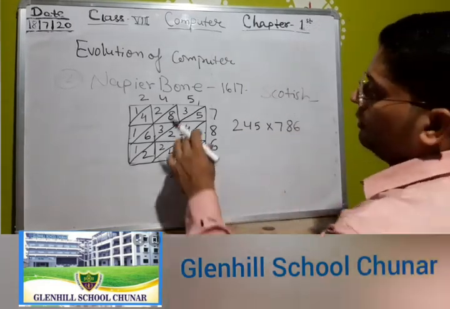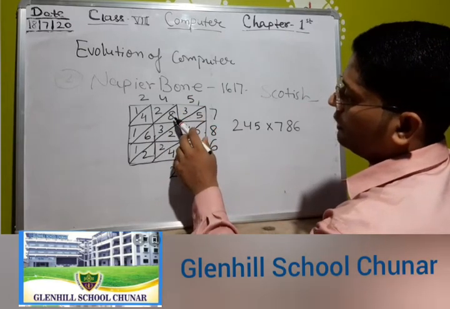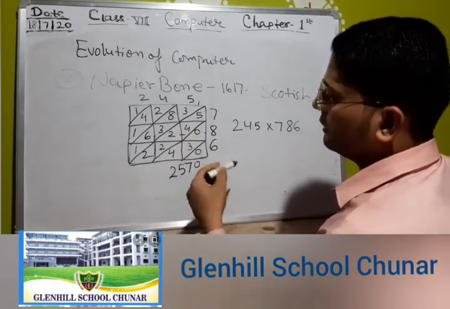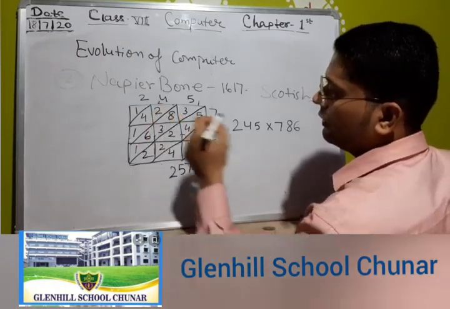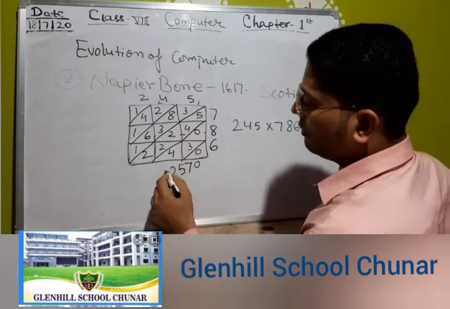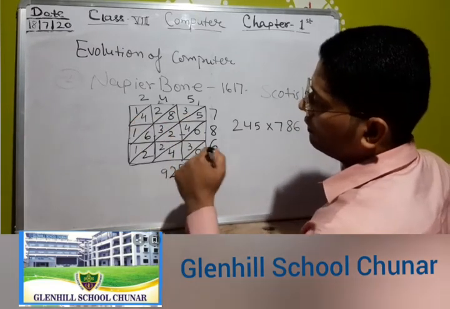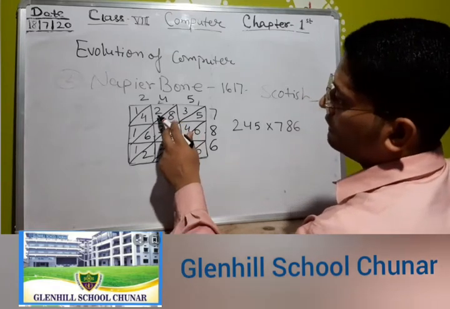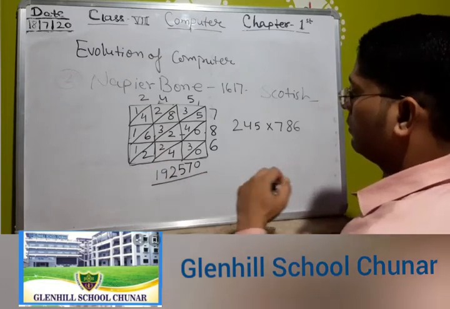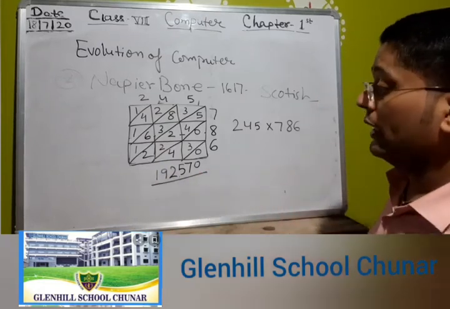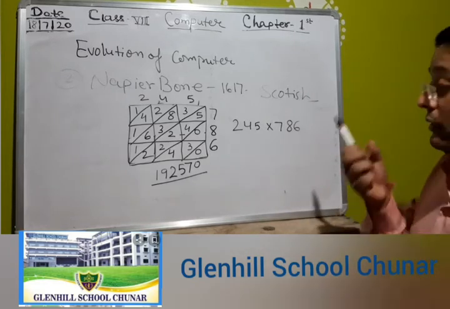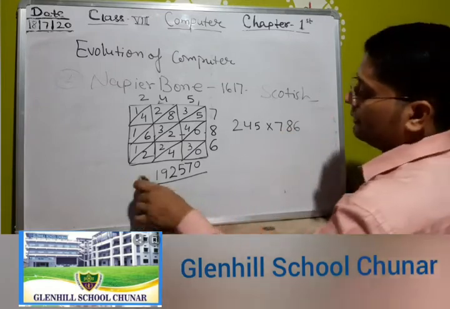Okay student, so 2 carry forward for the next line, and so on. So that's 1,92,570. Okay, so this is the Napier's bones method, student.